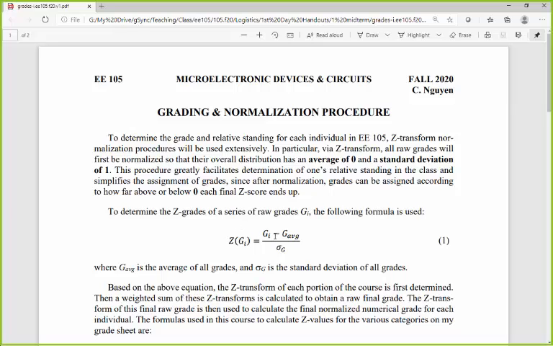And so, for example, if you got a grade G sub I on something, to get the Z-score, you subtract the average of the class and divide that by the standard deviation of the class. And what that does, it turns your grade into a much smaller number. And so a number that is 0 if you're exactly at the class average, and that is +1 if you are 1 standard deviation above the class average, and -1 if you are a standard deviation below the class average.